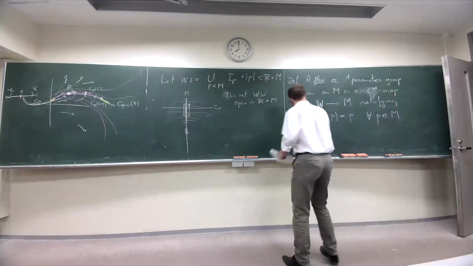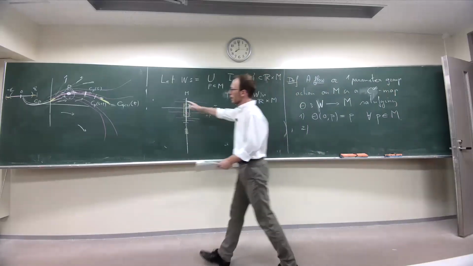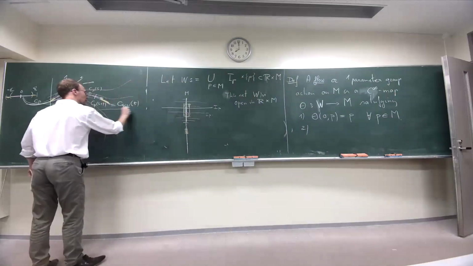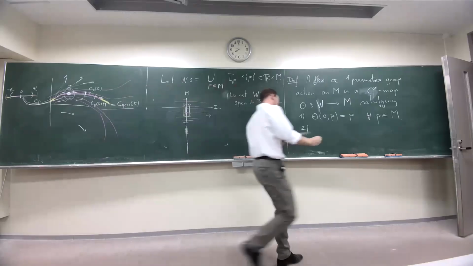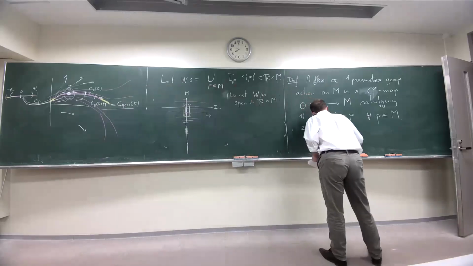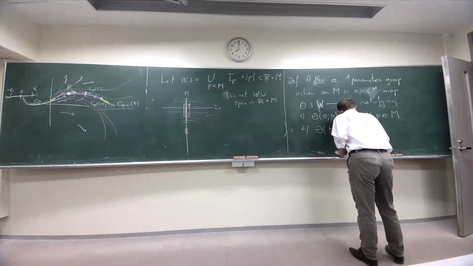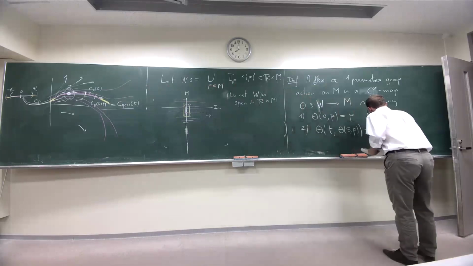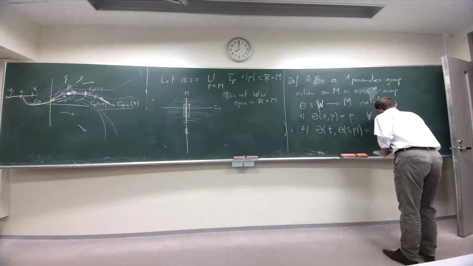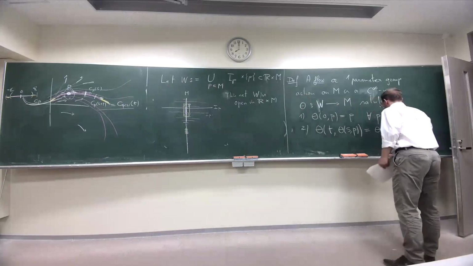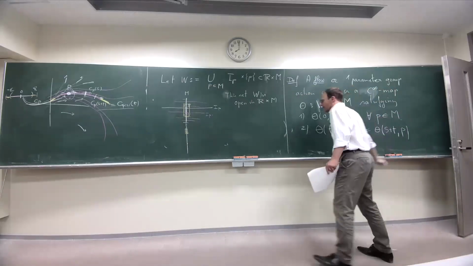And the second condition is something essentially I mentioned here. I'm just rephrasing, in fact. Theta of T, theta of (S, P) is equal to theta of (T plus S, P). What is the link with what I mentioned before?